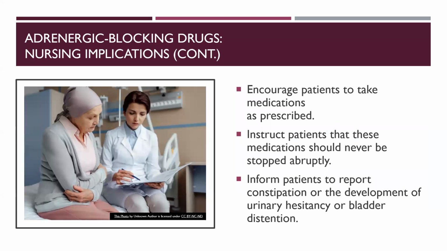On here, you want to encourage the patients to take medications as prescribed. So like we said before, you don't want them to just stop these medicines abruptly. You want them to gradually get off of them if they're going to, but always talk to their physician first. Report constipation or development of urinary hesitancy or bladder distension.